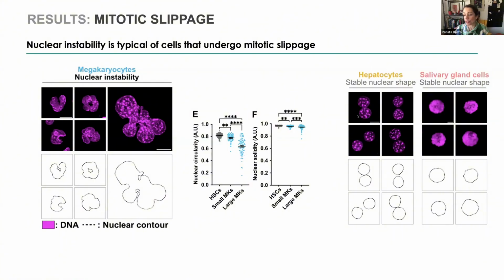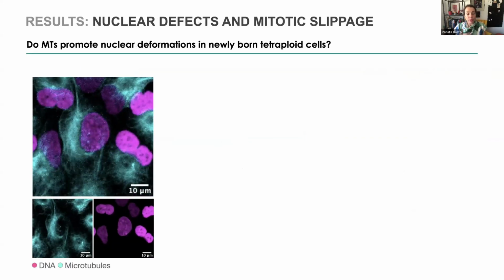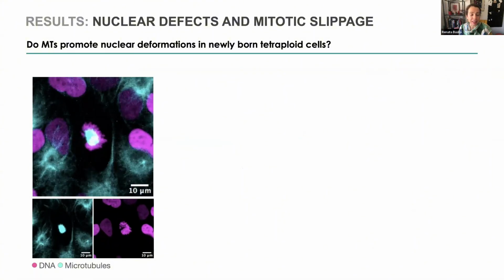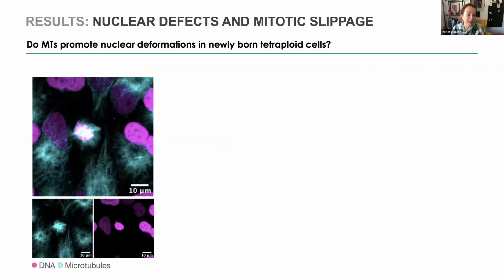Hepatocytes are generated through cytokinesis failure, and salivary glands through endoreplication. So we now wanted to go back to the origins of these nuclear deformations, and Simon decided to film these cells using several markers.